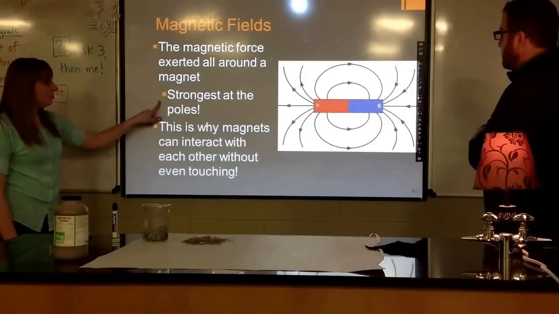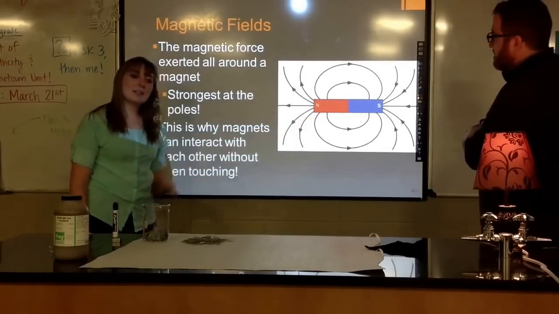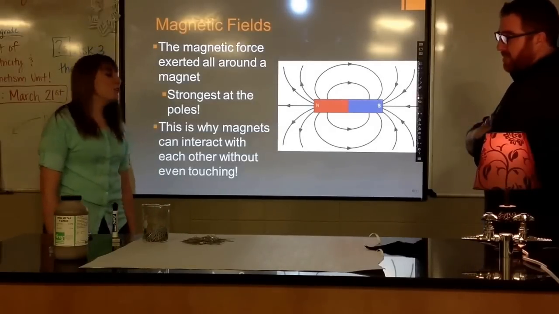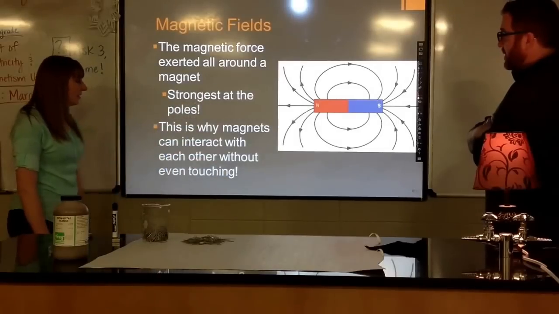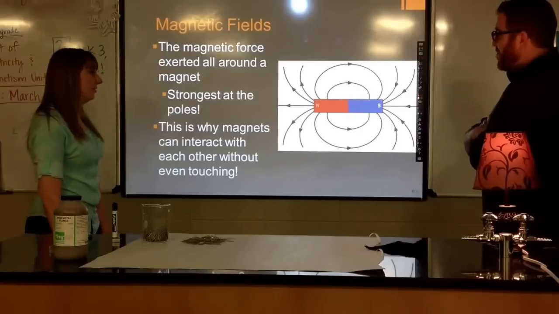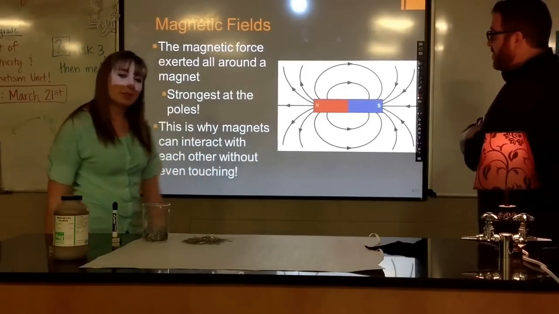The magnetic field is going to be strongest at the poles. That is why in the last slide we talked about the magnet being strongest at its poles. This is also the reason that magnets can interact without even touching each other. And we'll see more about that when we do some demonstrations as well.